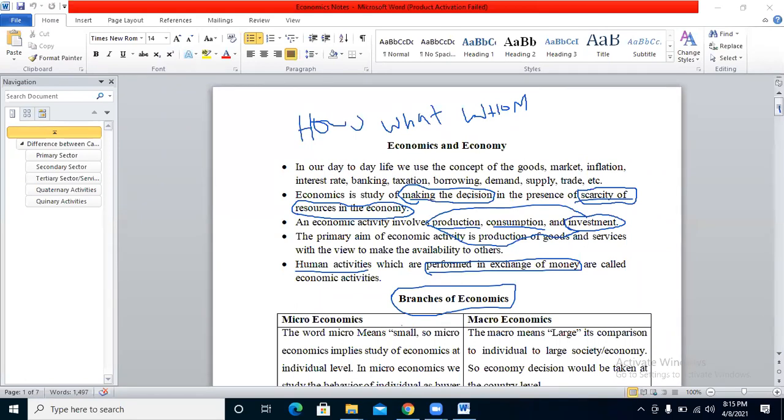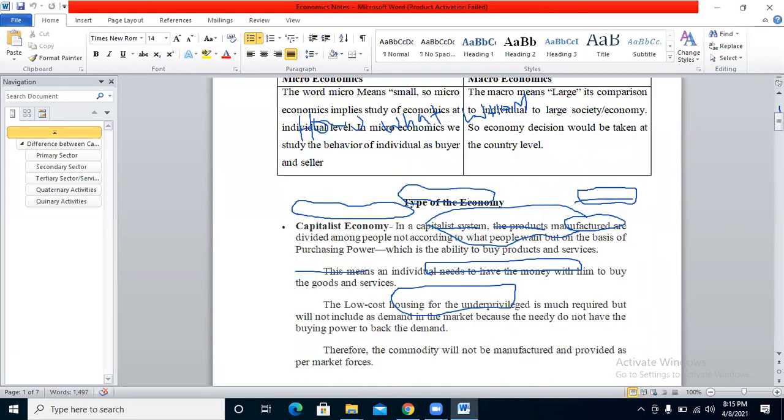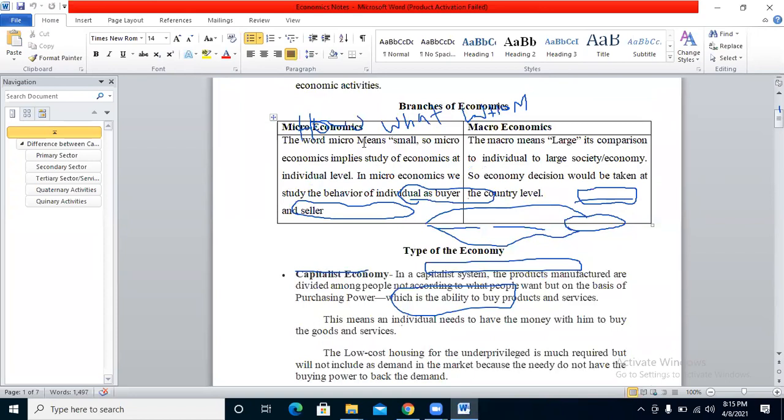So now we have to understand how to go to the next. Okay. So next is the types of economics. What is microeconomics and what is macroeconomics?